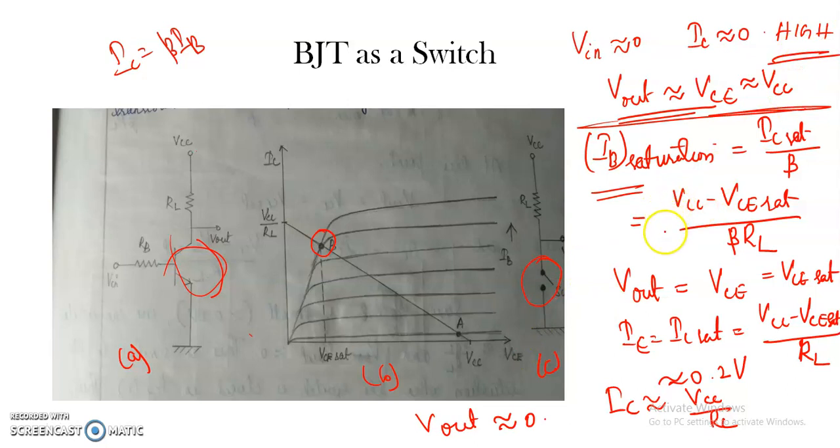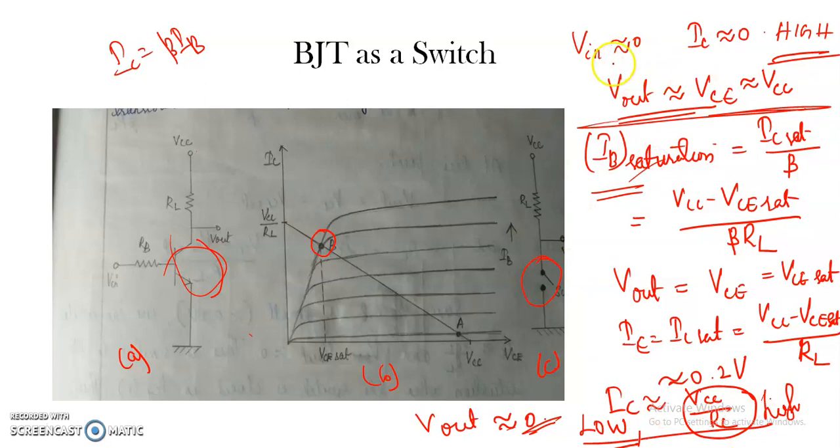But when the input voltage is sufficiently high, we get a situation in which Vout is approximately equal to 0. This is the low voltage situation. In this low voltage situation, IC is approximately equal to VCC by RL, which is a high value, so it is high current. So, low voltage, high current.